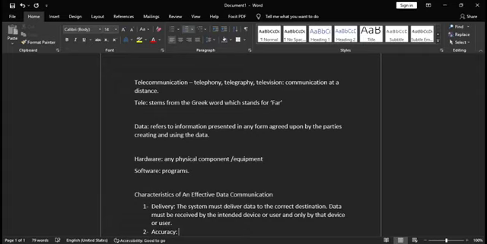Accuracy. So let's talk about that now. The system must deliver the data accurately.